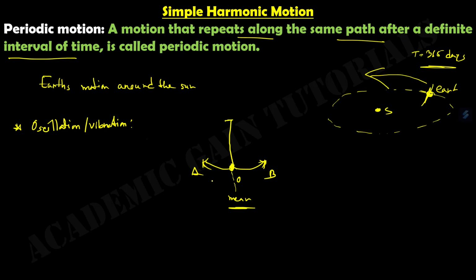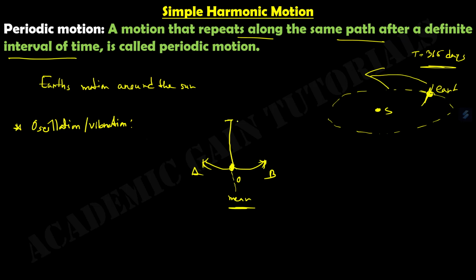Alternately, if the periodic motion of an object is such that during half of its time period it stays in one direction and during the rest of the half in the opposite direction, then the type of motion is called oscillation or vibration.